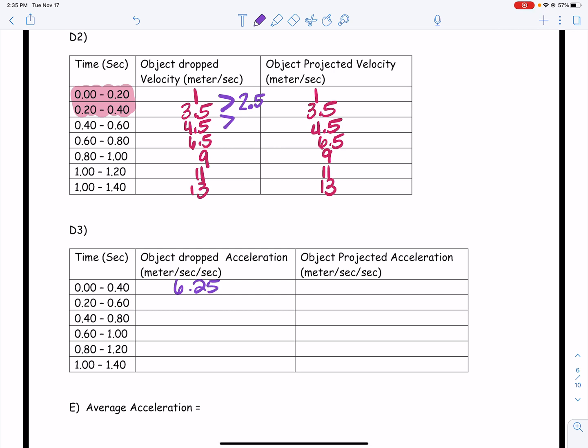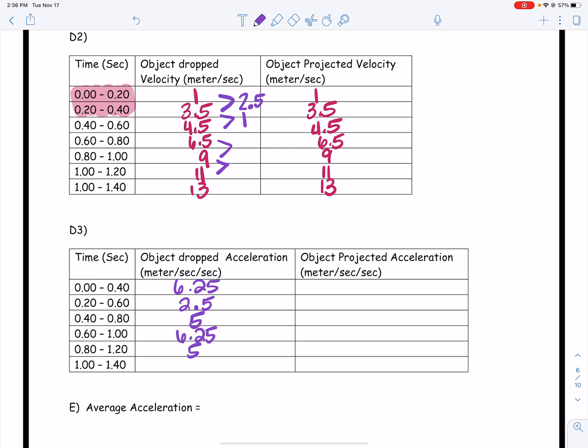And then I'm going to take 1 and divide it by 0.4, and I'm going to get 2.5. And I'm going to take 2 and divide by 0.4, and I'm going to get 5. And then this one right here is 9 minus 6.5 is 2.5 again, which is 6.25. And then I'm going to do 2 divided by 0.4.